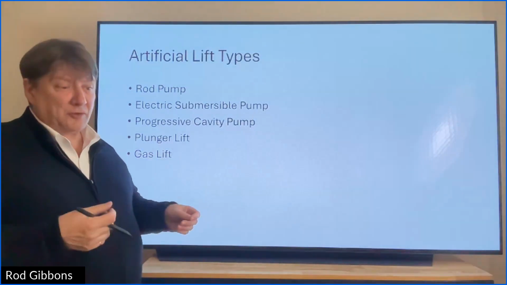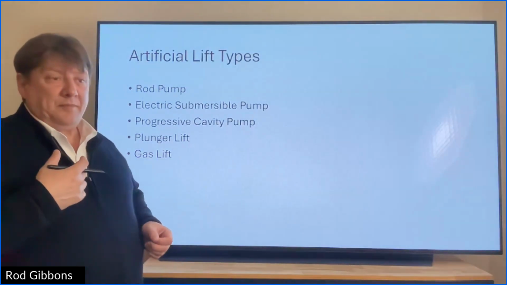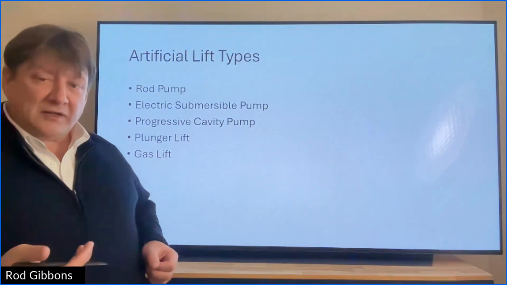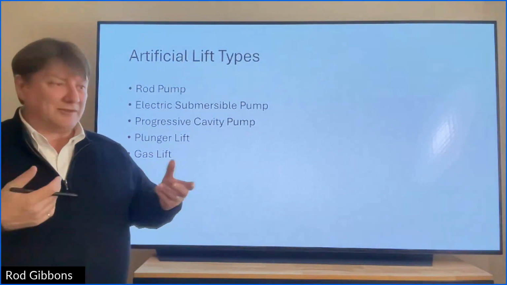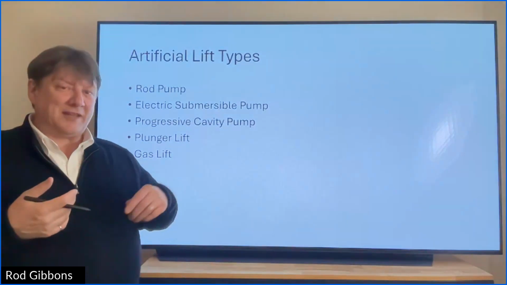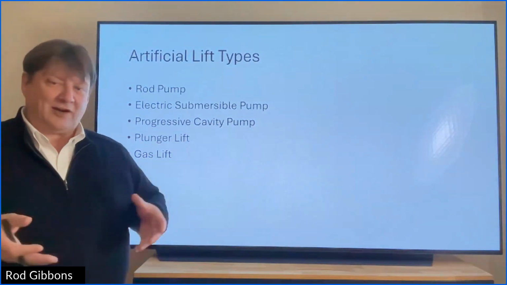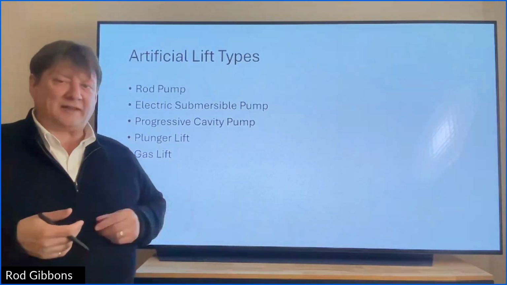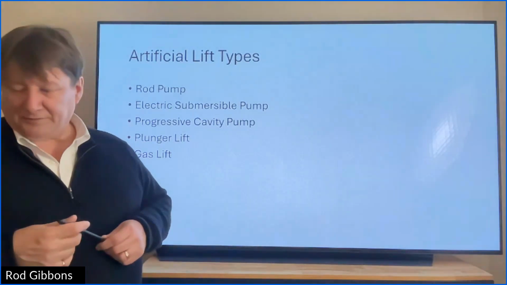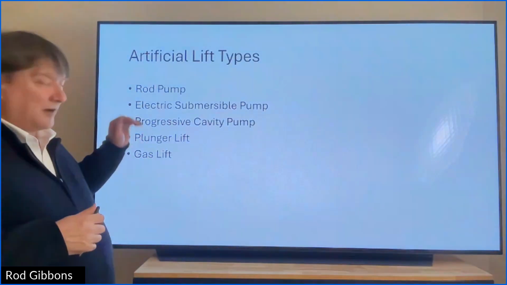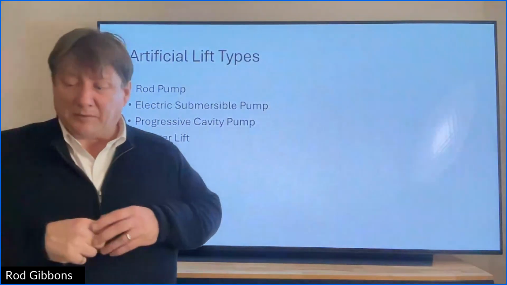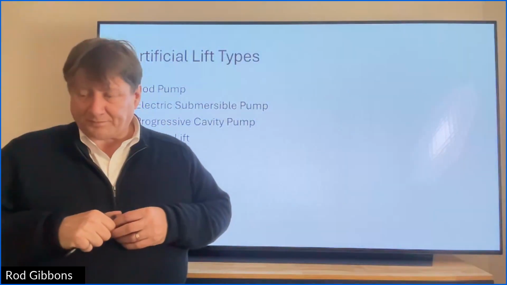And it's popular offshore because you have a lot of gas compression offshore for fuel gas. And so it's a natural thing to just be able to use that same dried gas that's there at the location and just put it back down to help lift the wells. So yeah, so rod pump, gas lift is very popular, and so is ESPs. That's probably the most popular types.